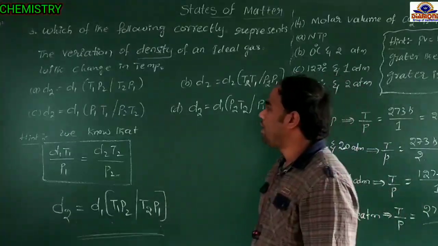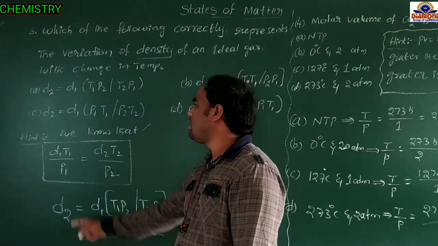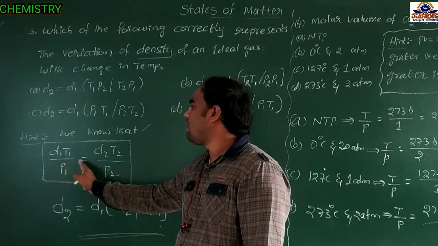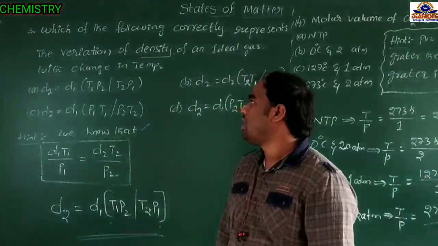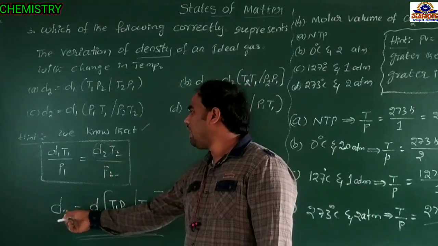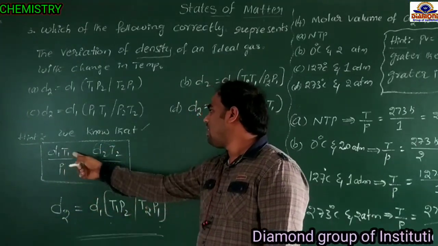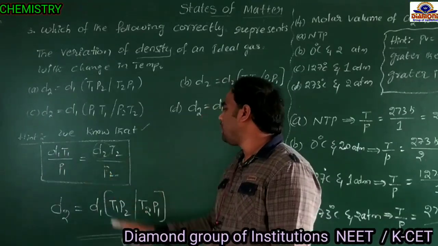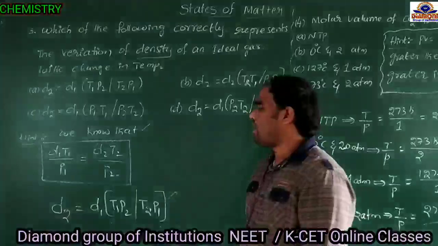So here student, this is a hint. We know that the equation is D1 T1 by P1 equal to D2 T2 by P2. Okay, this is the equation. So from this, D2 equal to D1 into T1 P2 by T2 P1. Okay, that is the relation.